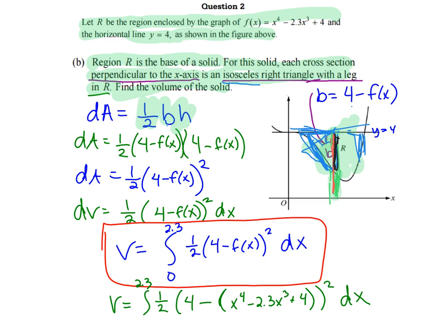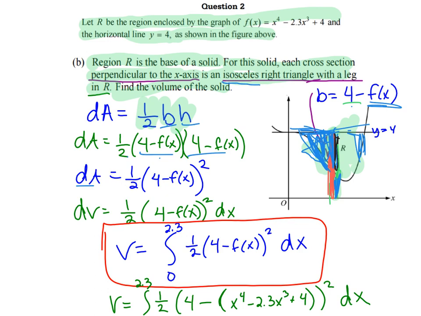So we're going to have to subtract what's in green. So that's why we have 4, but just the red stripe. This is 4, and in order to remove, let's use blue now, this part we're going to subtract f of x. Because it's an isosceles triangle, this is going to be the same thing. So we have 4 minus f of x, 4 minus f of x, and we have our little slice of a triangle. 1/2 base times side is the area of this triangle, and we have only one of them, which is why it's dA, not the entire area. You keep adding all of them together.